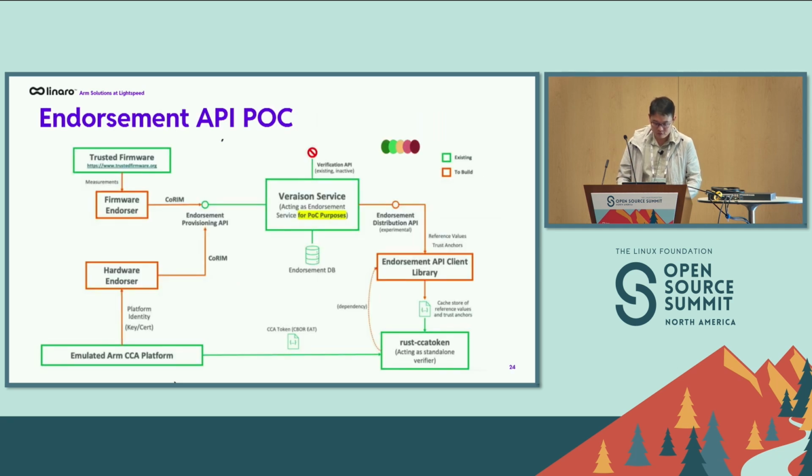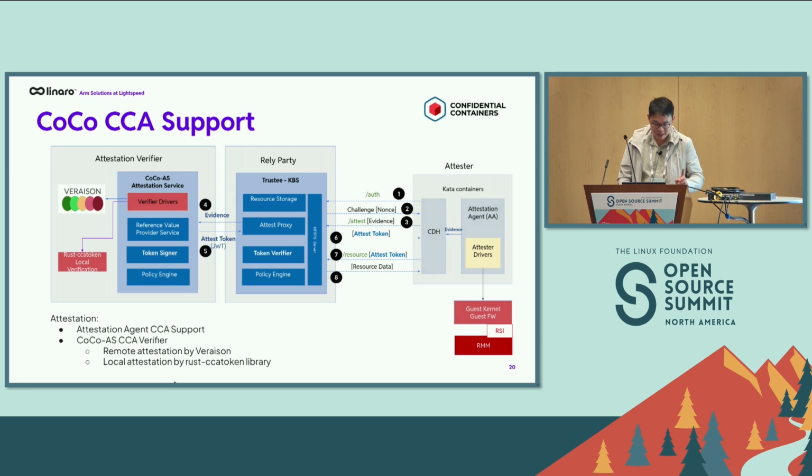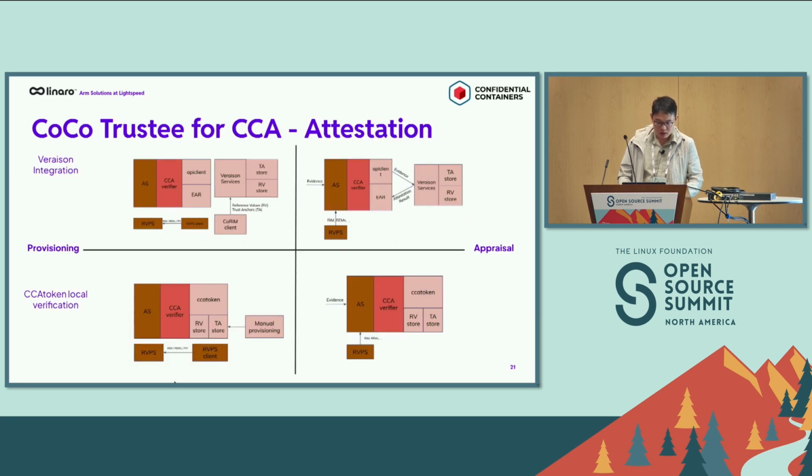The other way is local verification. Currently this is just a POC for the endorsement API. For local verification, we need to provision the trusted voucher information and also the reference value information locally.